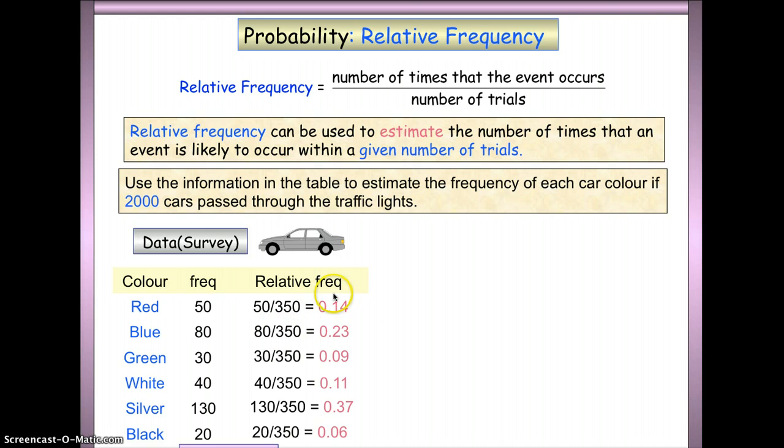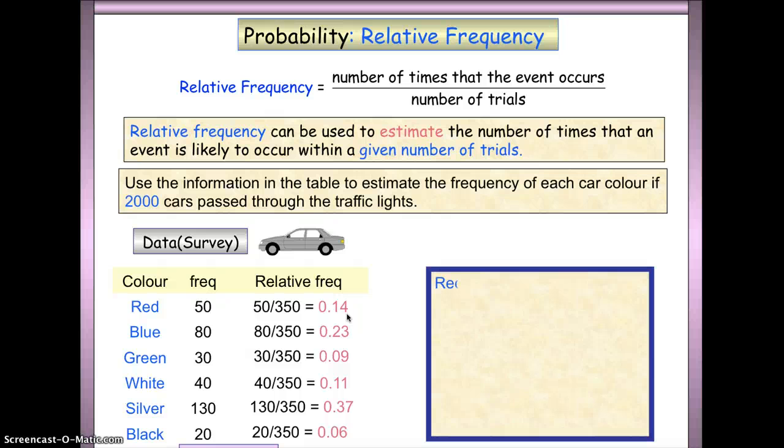Using your statistical data, you know that the relative frequency is 0.14 or 14%. You can use that to find out how many red cars will be passing by if there are 2,000 cars. You just multiply 0.14 by 2,000 and you will know that possibly 280 red cars will pass by in 2,000 cars.